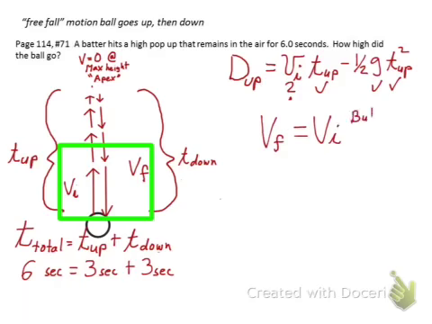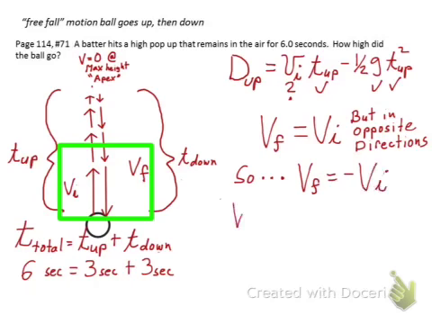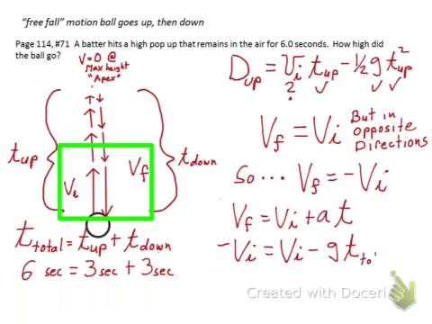I need to know that before I can calculate my upward distance. Well, the key is this right here. We need to look at these two velocities, the initial and final. We know that they are equal in magnitude, but opposite in direction. So what we can do is just say v final is the same as the negative of v initial. So let's take one of our magic 5 equations.